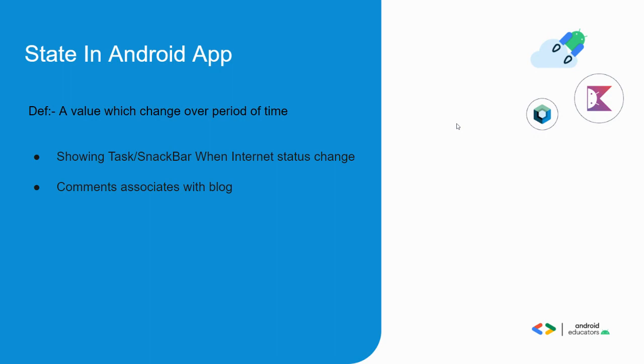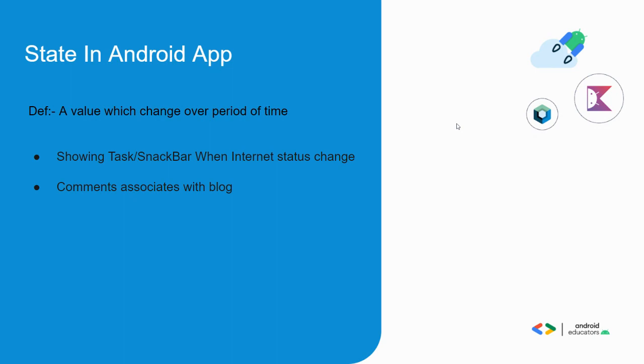For example, when you open YouTube and close your internet connection, you see a snack bar saying that you are offline. And when your internet comes back, it shows a green status that you are online. So that's what state is: the text of the toast or snack bar gets updated. That's the state of that snack bar.